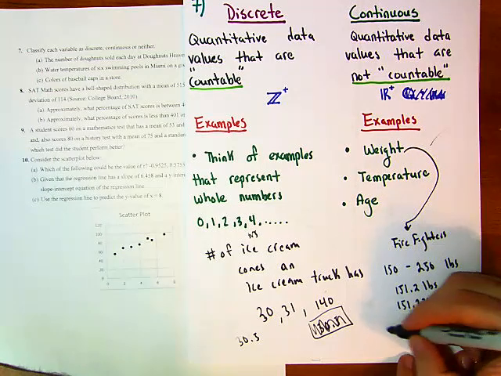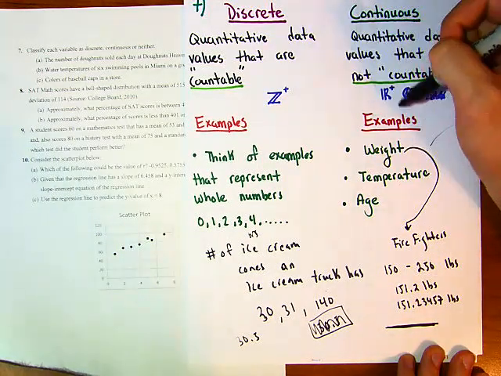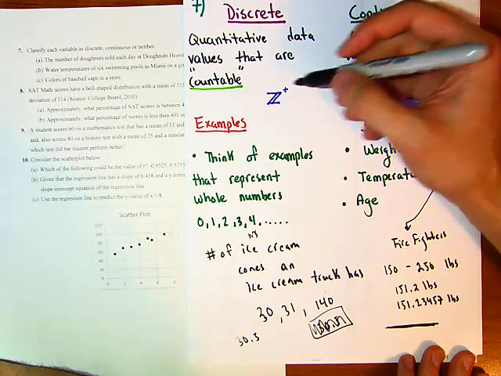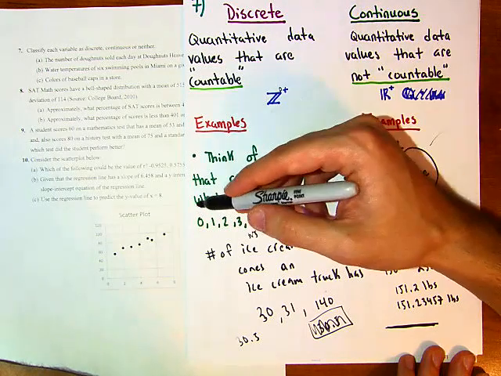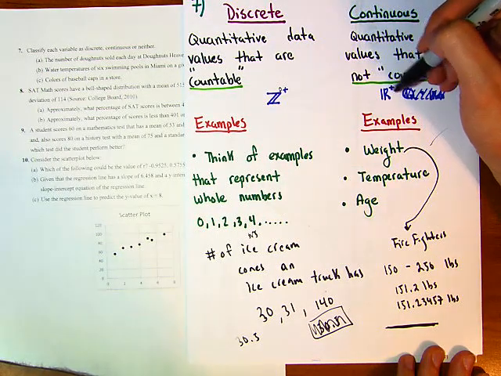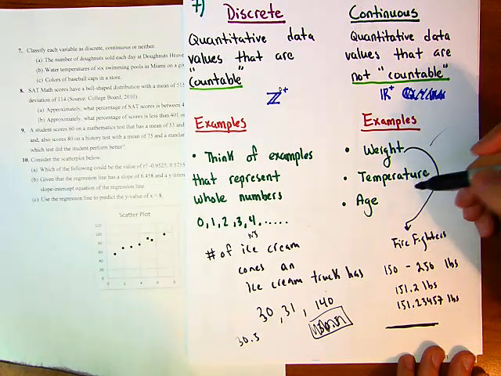Continuous says you have everything in between. This is the concept I had here with these symbols: this is the set of integers, like 0, let's include 0 as well, but positive. And here, this is like the real number line. So ideas that are continuous are like temperature.